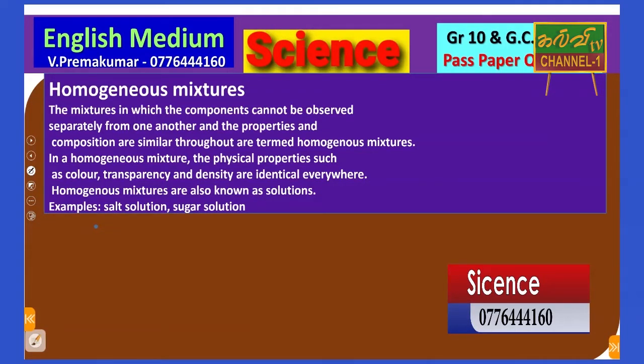A homogeneous mixture is a mixture in which the components can't be observed separately from one another, and the properties and composition are similar throughout. That means if it is a liquid homogeneous mixture, the particles are the same everywhere.